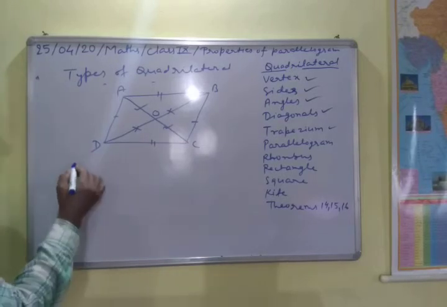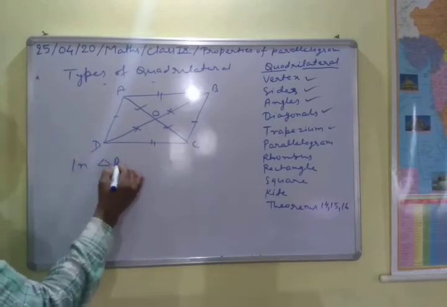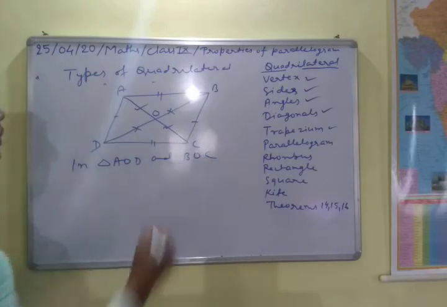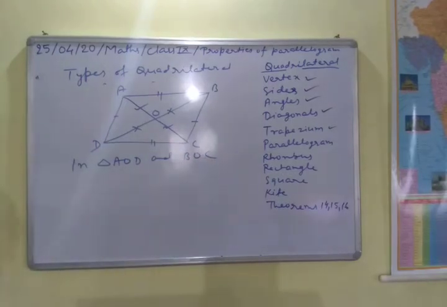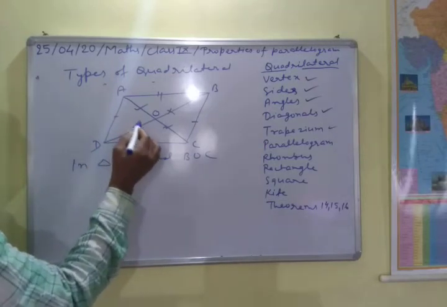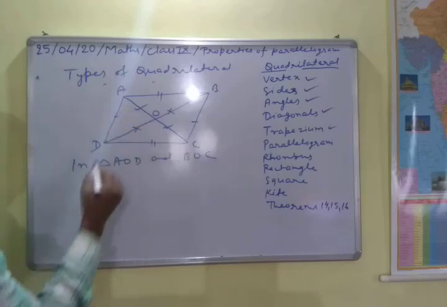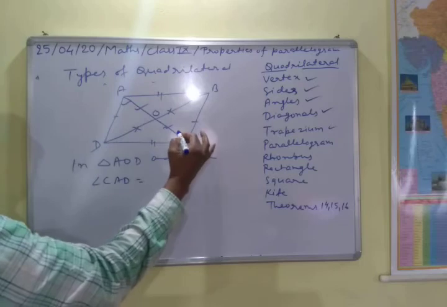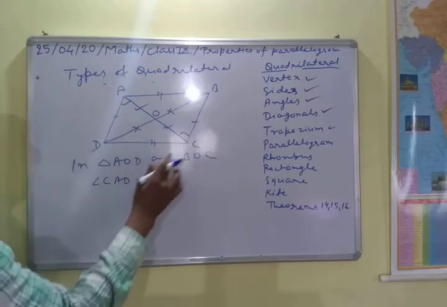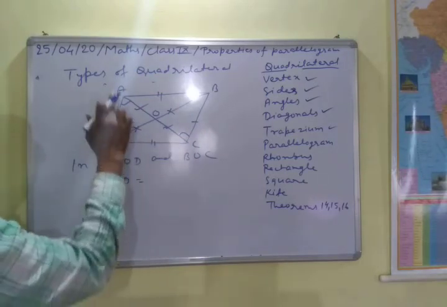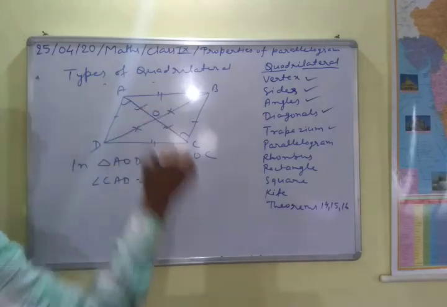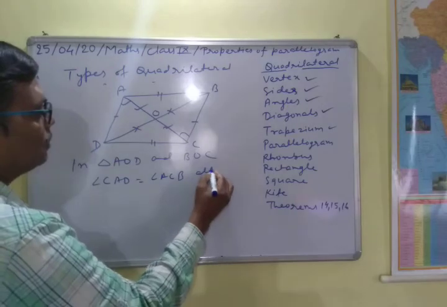So in triangles AOD and BOC, in these two triangles, how will we start here? Angle CAD, this angle is equal to this angle, or angle CAD equal to angle ACB. These two are equal because these two are the alternate angles.